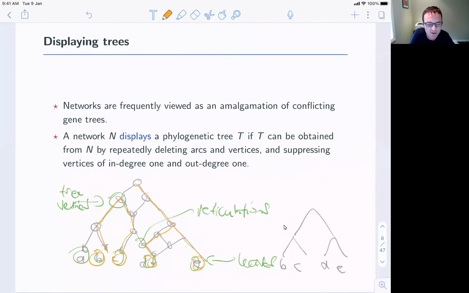If I delete vertices and edges that are not used by the embedding, and then suppress any vertices of in-degree 1 and out-degree 1, I get the displayed tree on the right-hand side. So that's what we mean by the notion of displaying.